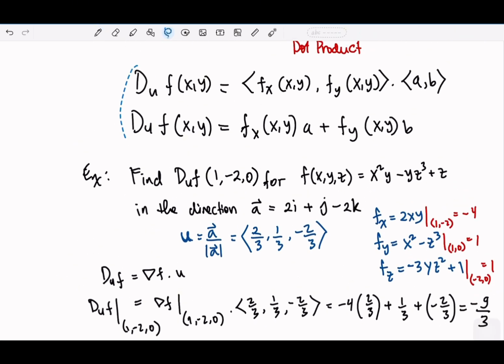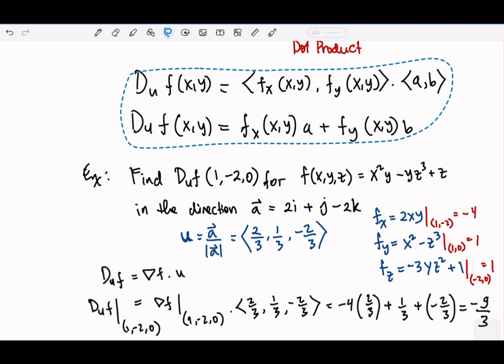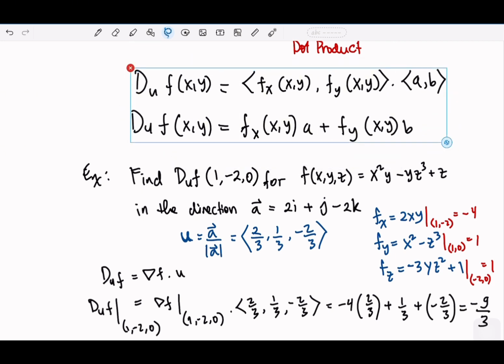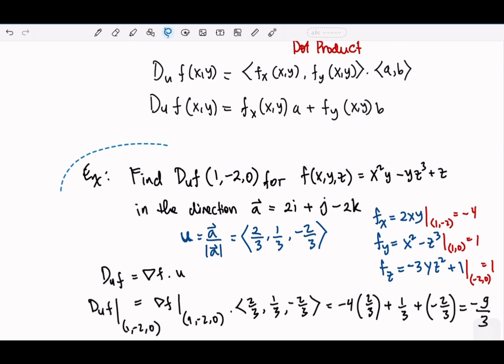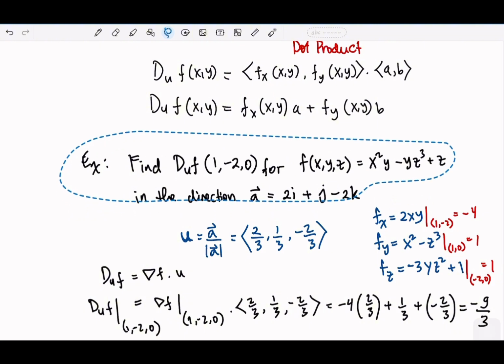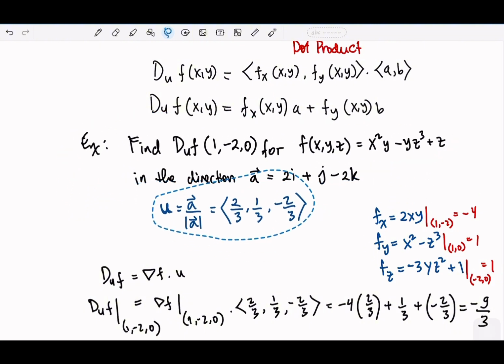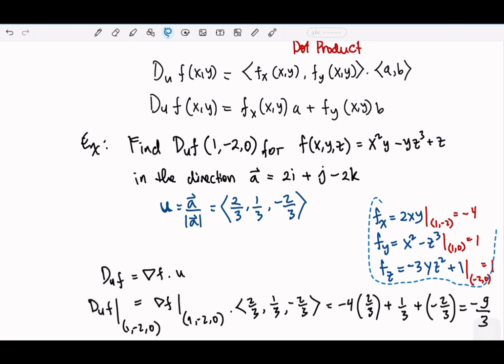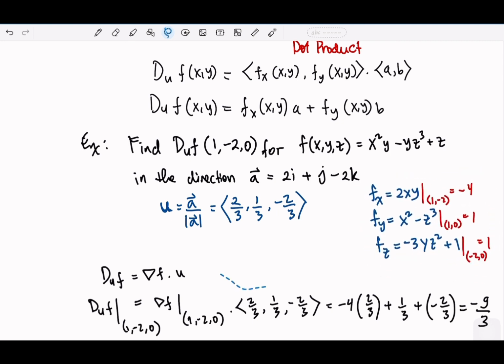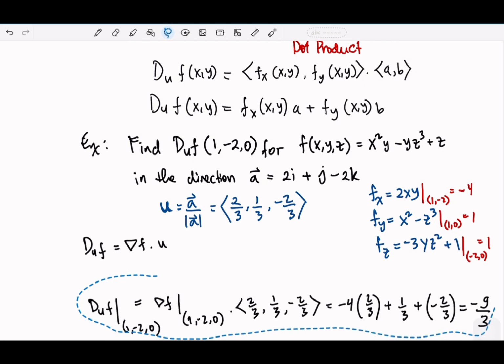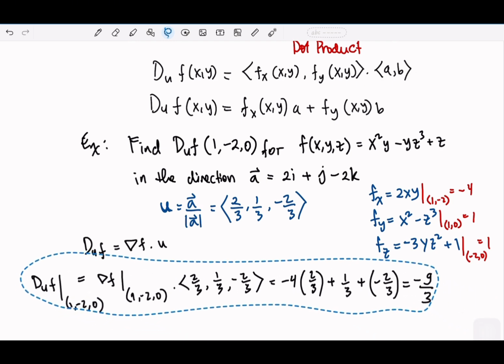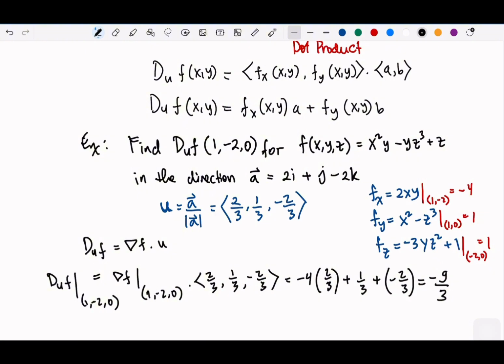Okay, let me make it smaller. So this is negative 3.